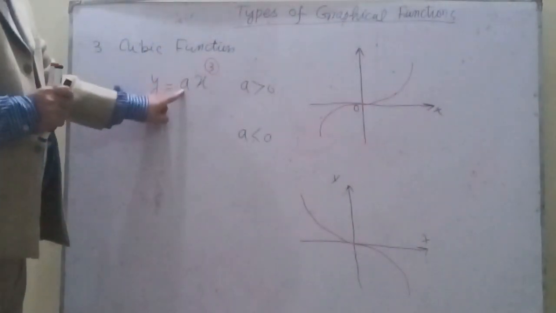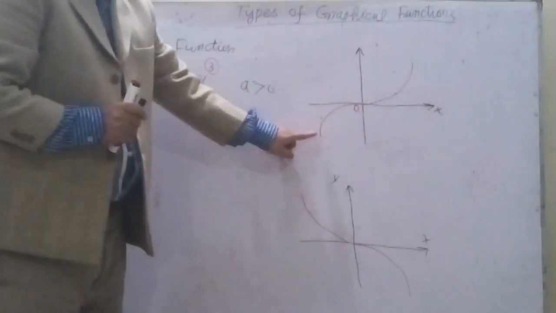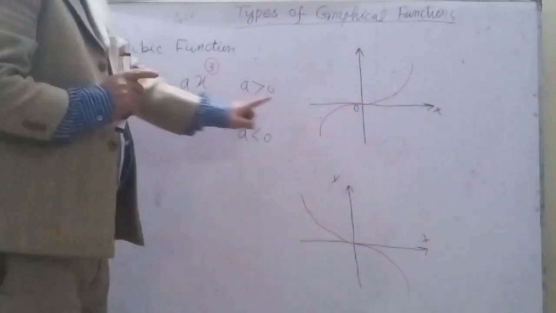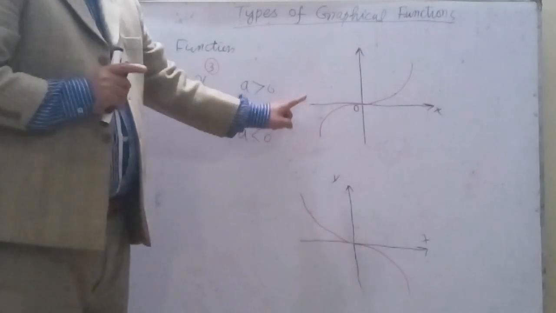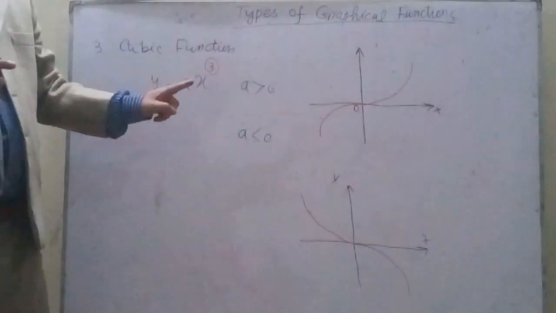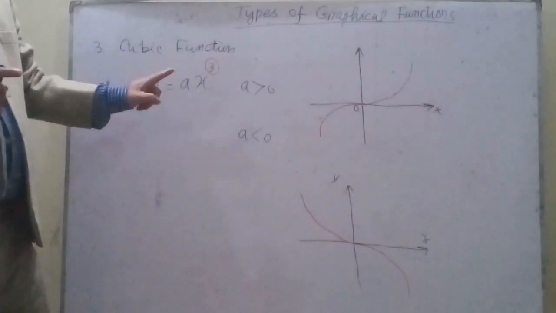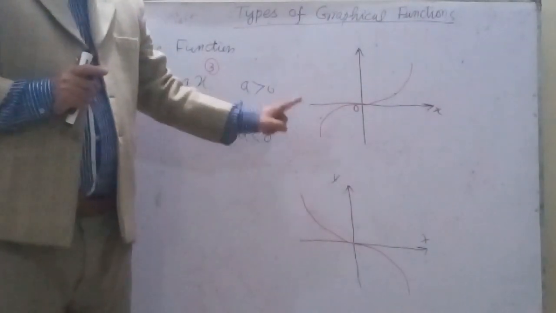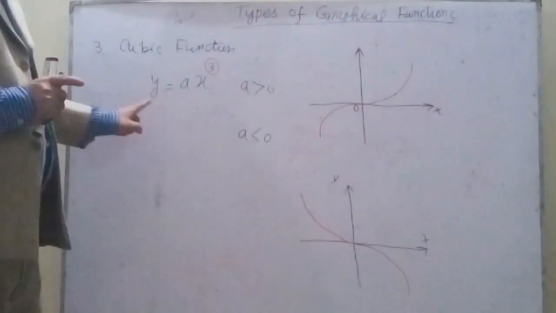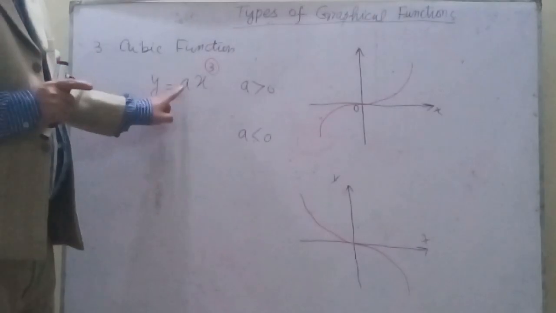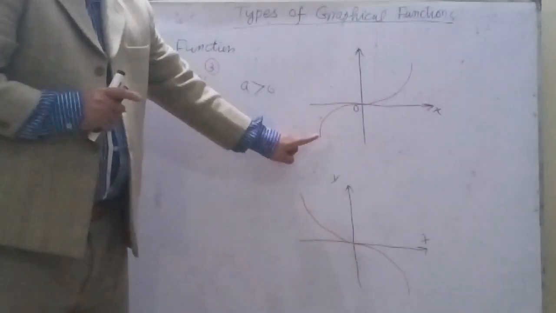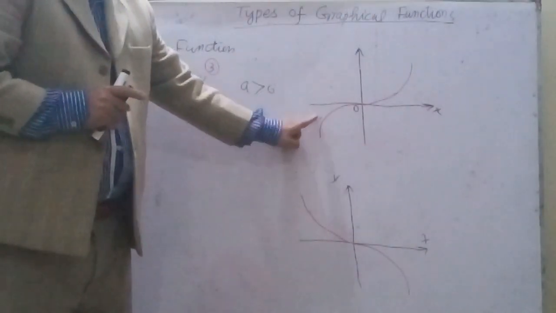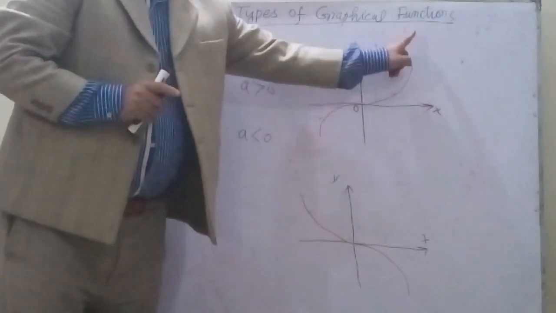Remember one thing, we always read the graph from left to right. Whenever you start, look at where the graph is moving, starting from the left side. When this number is positive, from the left side it starts downward and keeps going up and up.